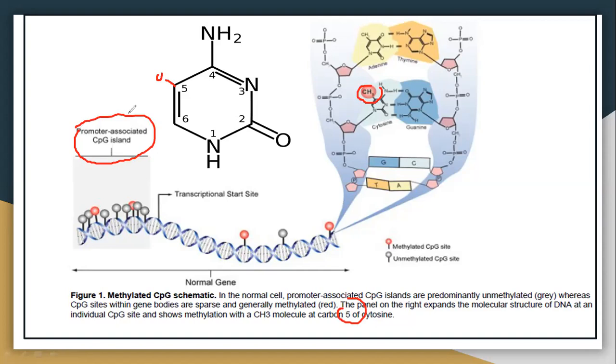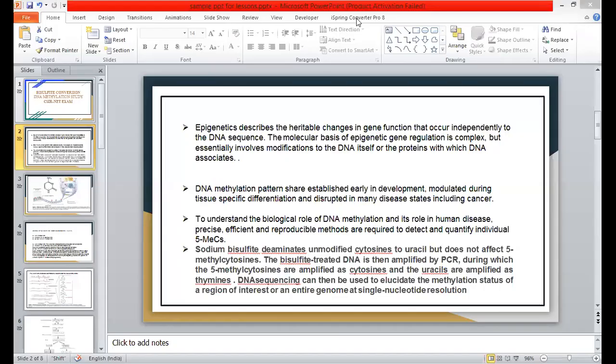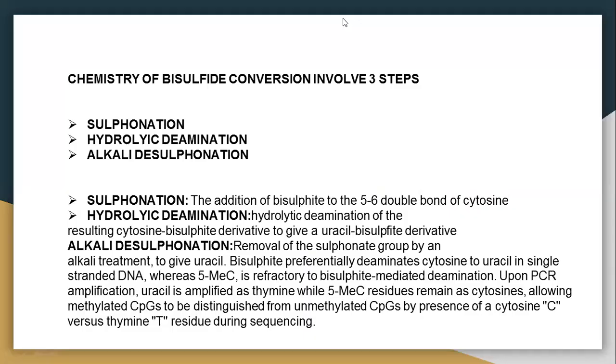Next we'll see the technique by which we can differentiate between methylated cytosine and unmethylated cytosine by the bisulfite conversion method. Bisulfite conversion uses three steps: first sulfonation, second hydrolytic deamination, and third alkali desulfonation.